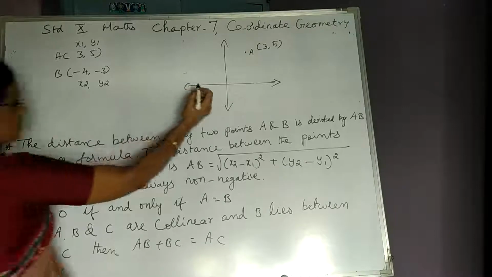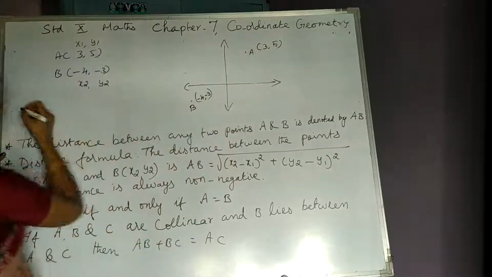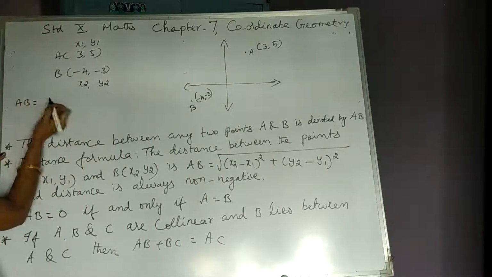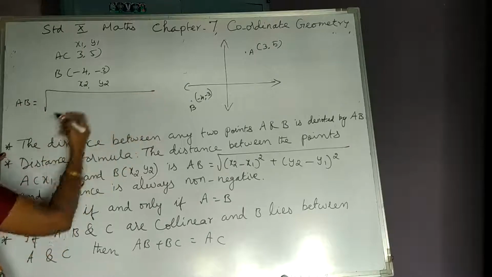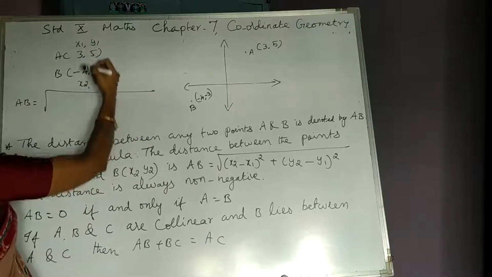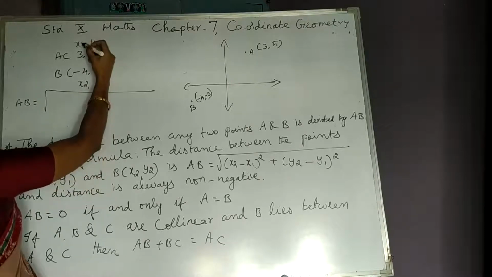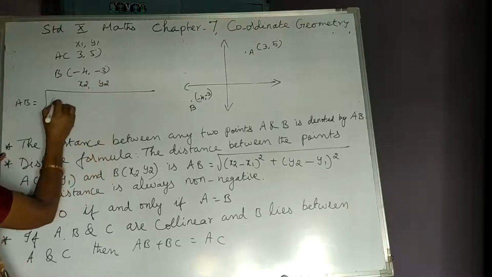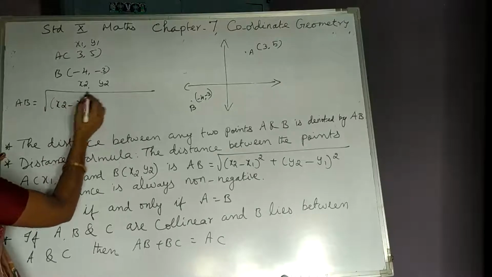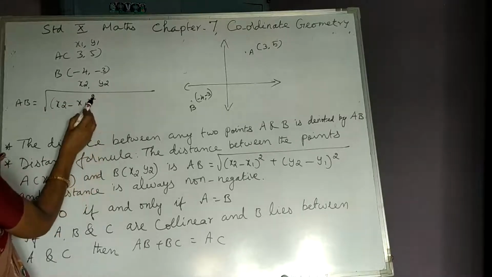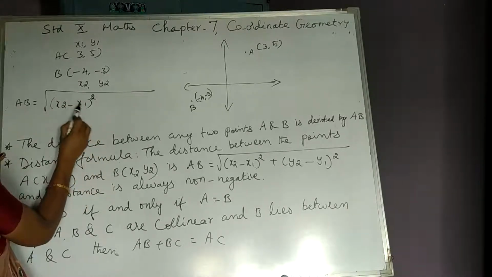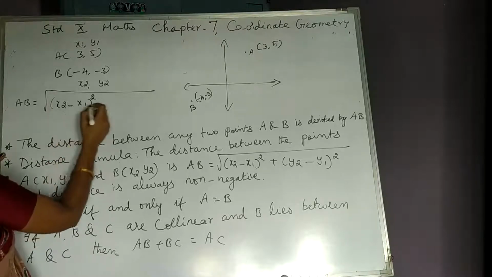Then the distance between these two points is nothing but the difference of the x-coordinates, so it can be x2 minus x1 or x1 minus x2. I have written here x2 minus x1 whole square. Because we have written square, we can take it in any order, but the sign in between should be minus.